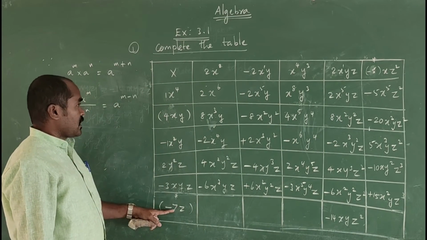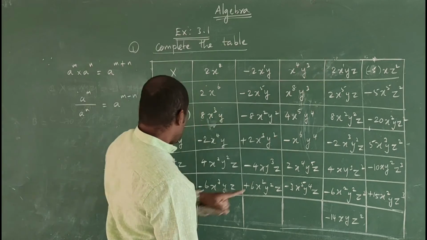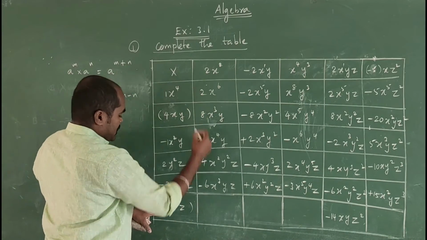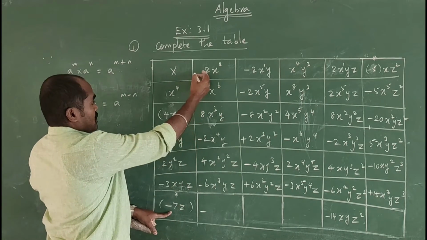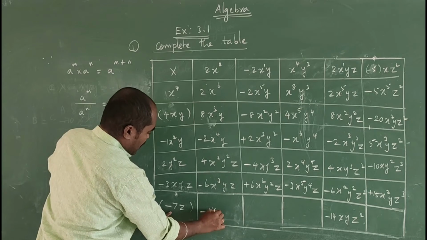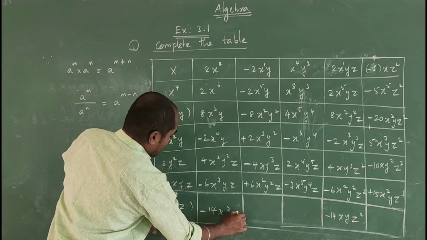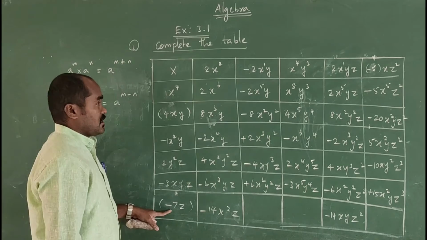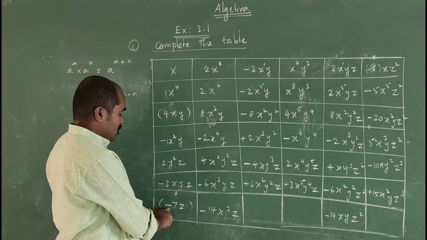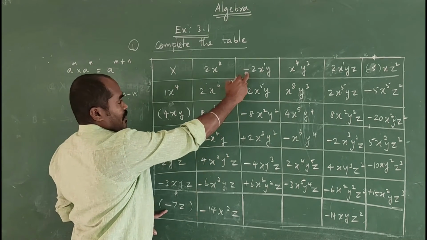So we go to last one. Minus 7 z into each term. So minus into plus is minus. 7 into 2 is 14. 7 2s are 14. X square z. Next. So this is minus 7 z. This is also minus.